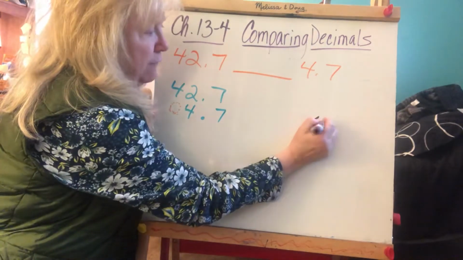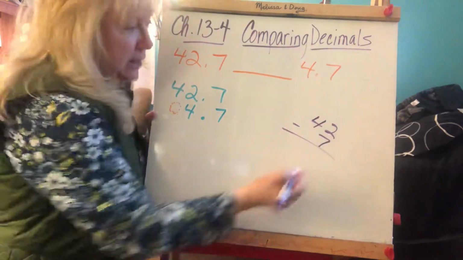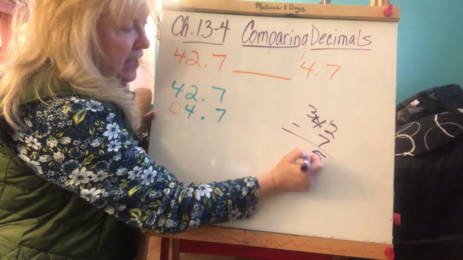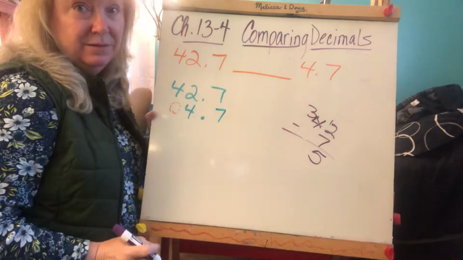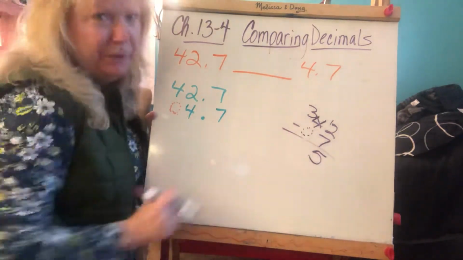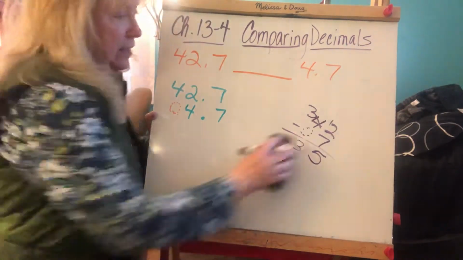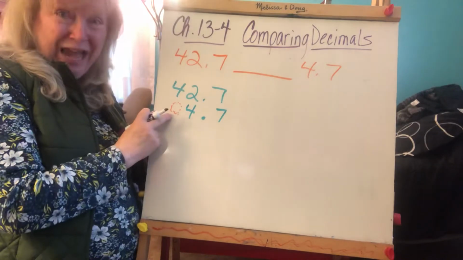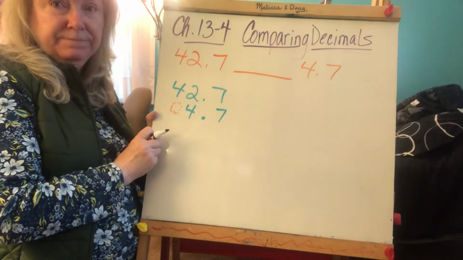If you had 42 minus 7, you would borrow from here and you would get 5. And then 3 minus nothing, there's that imaginary 0. But we're in 4th grade, we don't have to put that imaginary 0 anymore. We would just do 3, right? Okay. So just for now, to help us compare, we're going to put our imaginary zeros in.